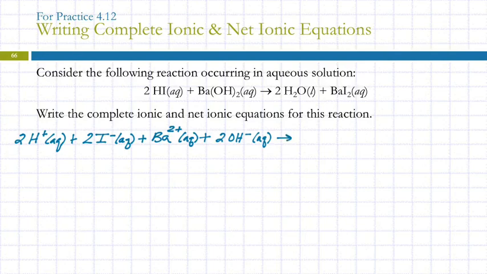I'm going to go to the products. I see the (l). It's a liquid. I'm not going to do anything to it. I just copy it down the same. And then the last one's aqueous, and so I'm going to break that into ions. Again, there's 2 kinds of ions, barium ions and iodide ions. This 2 means that there are 2 iodide ions.